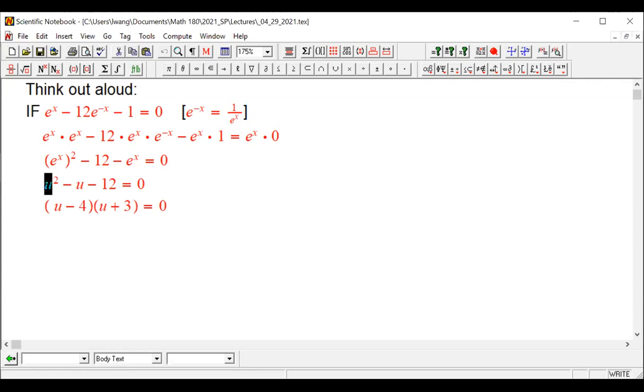If you don't want to do it explicitly, you can do it implicitly. And then what do you get? e to the power x minus 4 equals 0, principle number 5, or e to the power x plus 3 equals 0.